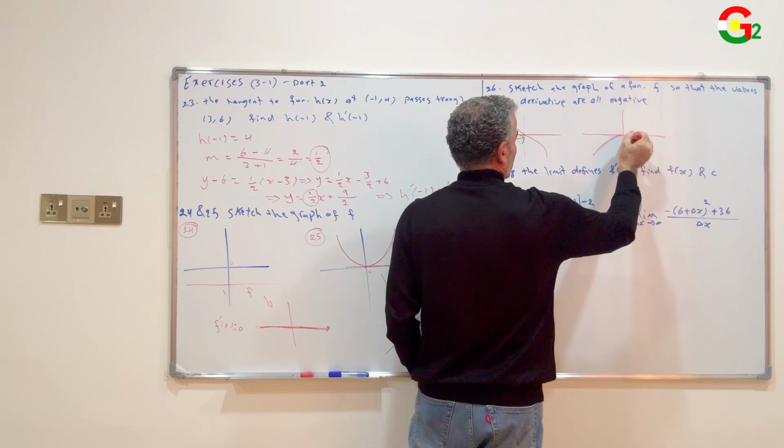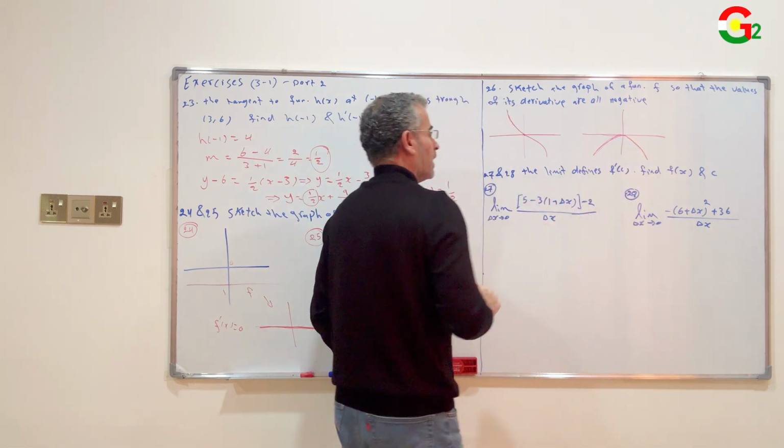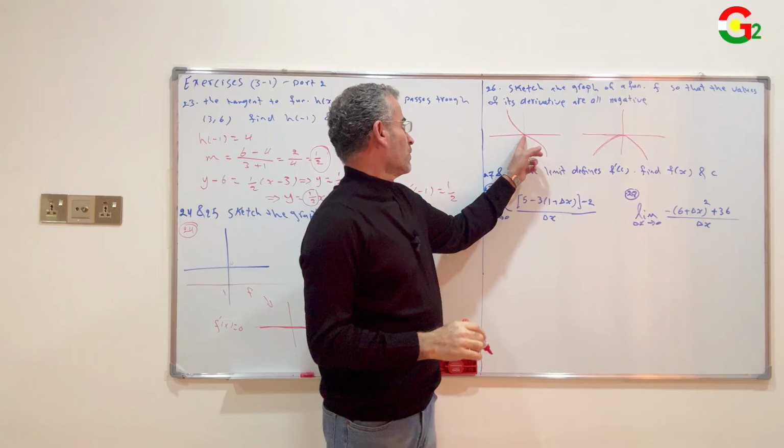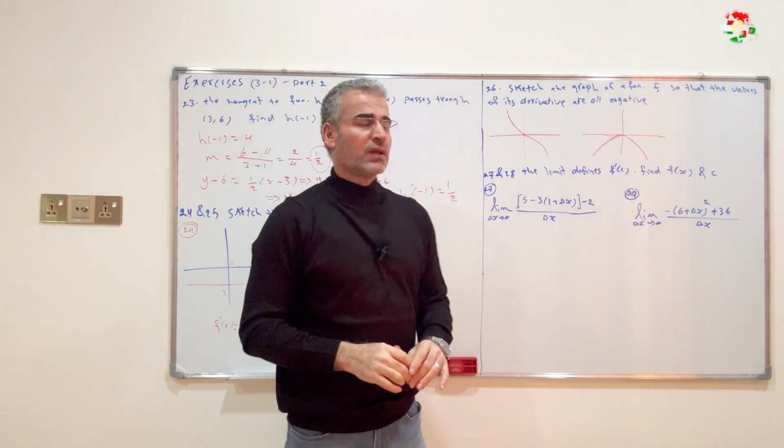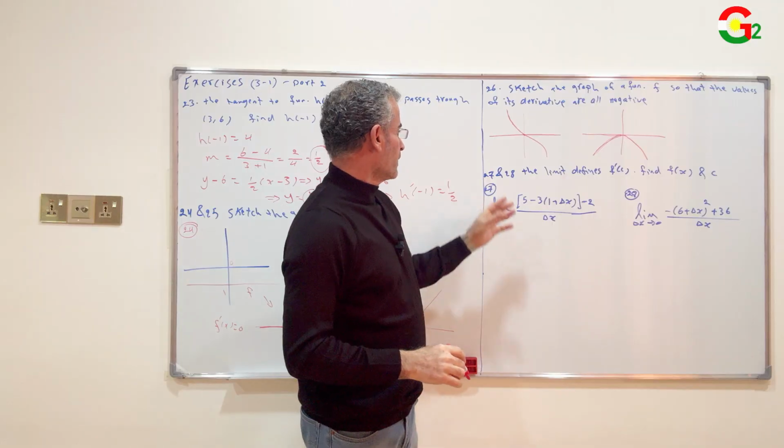Therefore, we have a function like this. Also, from 0 to positive infinity, the function is decreasing, so the derivative is under the x-axis.